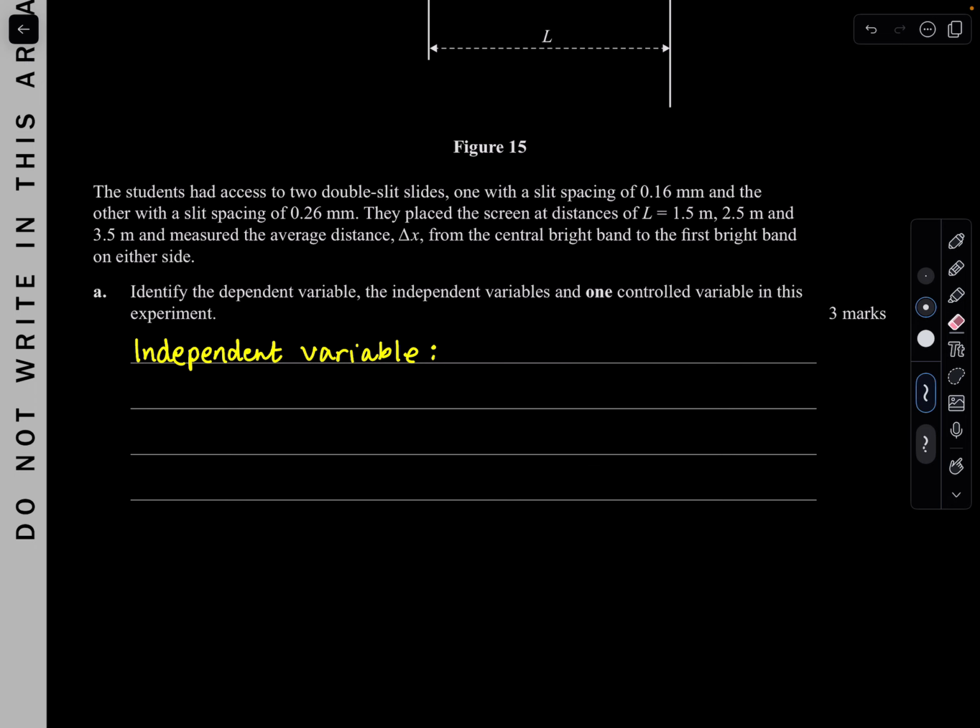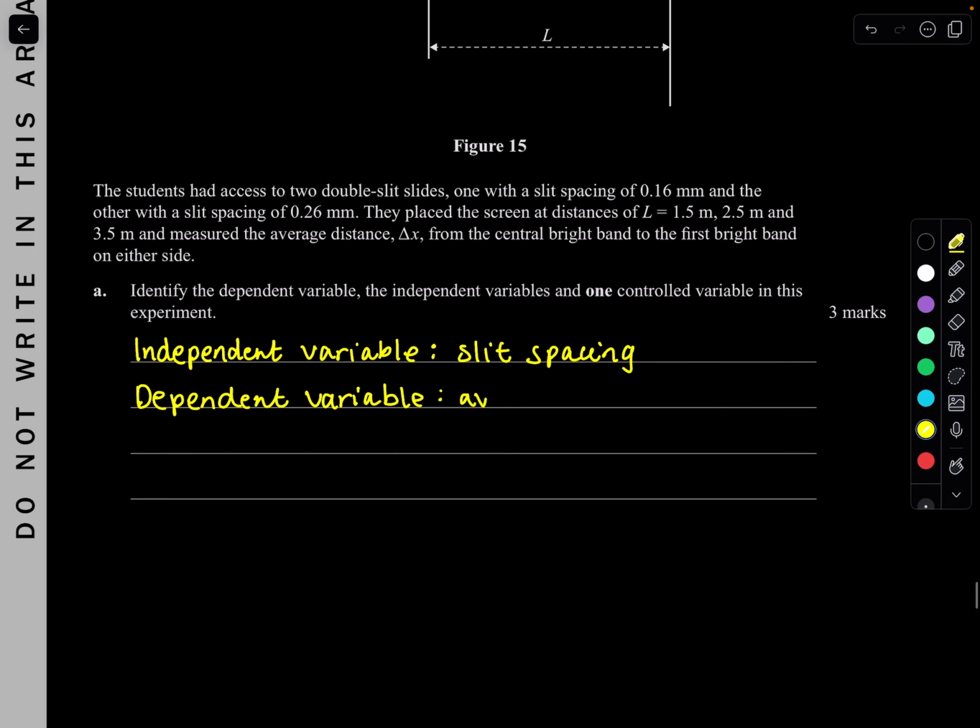I'm going to say slit spacing. Your dependent variable is the thing that you're measuring, which is your average distance, your change in x.